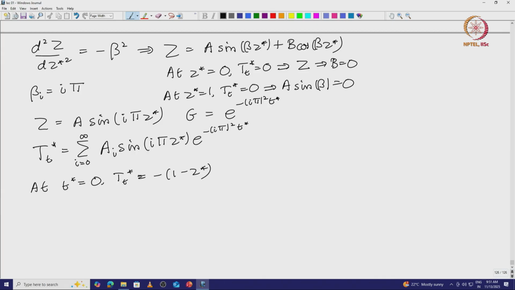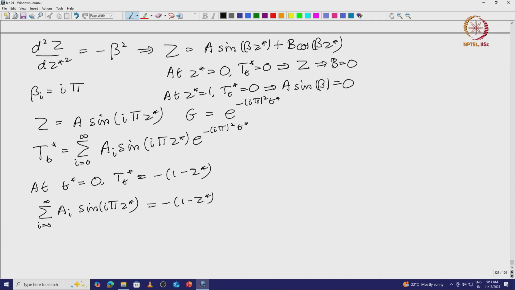Therefore, I get the summation over i from 0 to infinity of a i sine i pi z star. The exponential just becomes equal to 1 at t equal to 0. So this is equal to minus (1 minus z star).